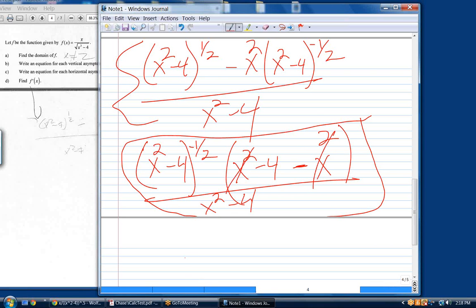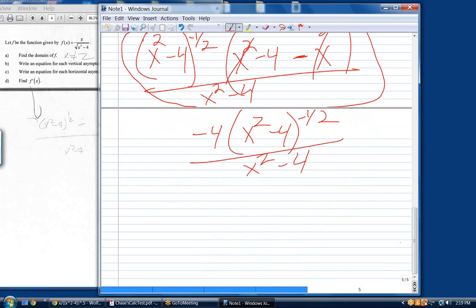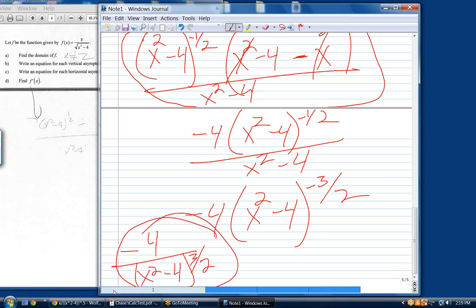So I have in the numerator minus 4 times x squared minus 4 to the minus 1/2, all divided by x squared minus 4. So I can now simplify that, and I got minus 4 times x squared minus 4 to the minus 3/2, or minus 4 over x squared minus 4 to the 3/2. So it actually simplifies quite a bit when you go through all that algebra.